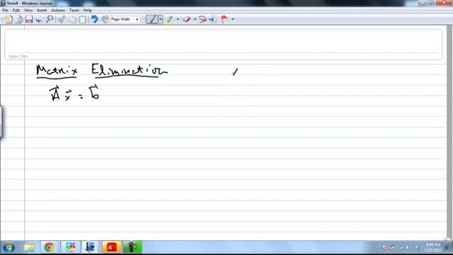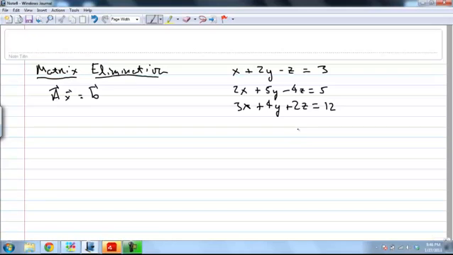So first, let's look at a linear system, a system of three equations. Here we have a system of three equations and three unknowns.